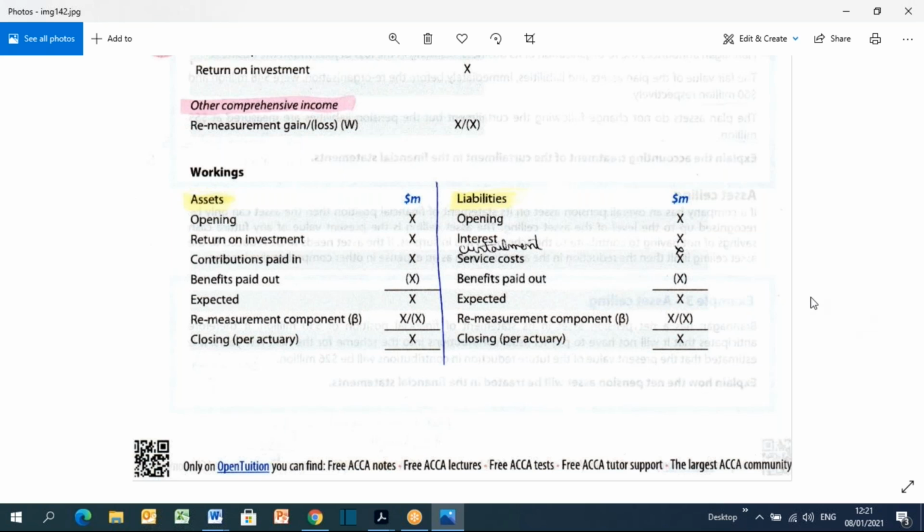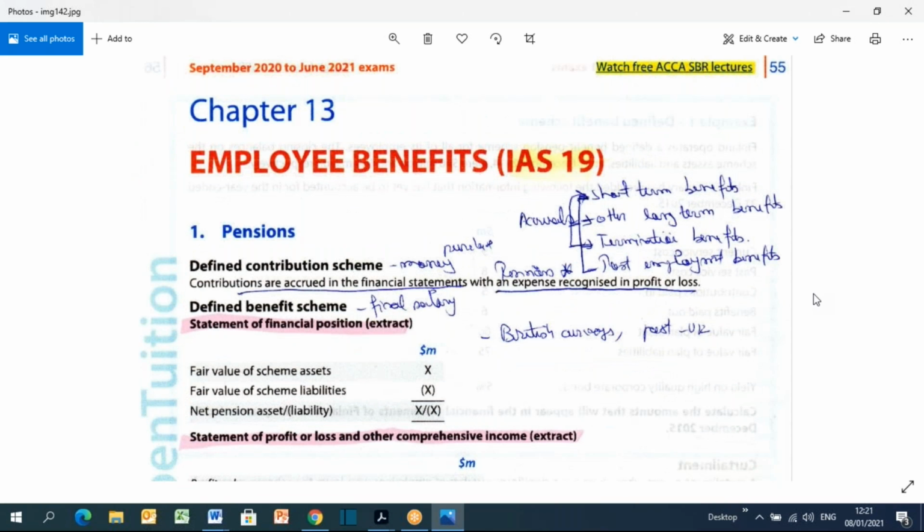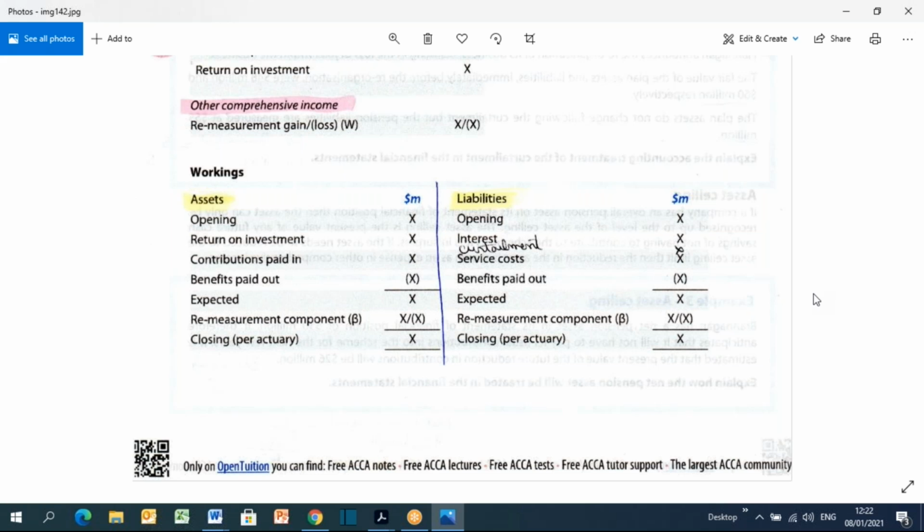And as far as I know, I couldn't find anywhere a more comprehensive formula or template on how to calculate these, and I found this in the Open Tuition notes on page 55. You should have this printed, and you should have this next to you when you're doing questions on IAS 19.